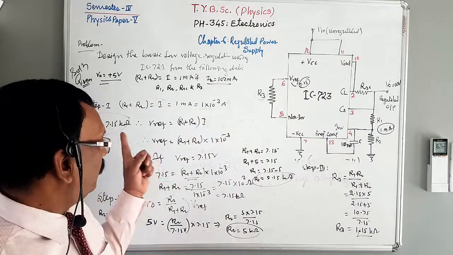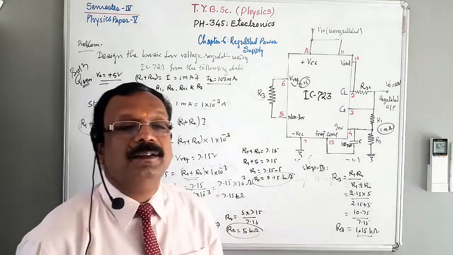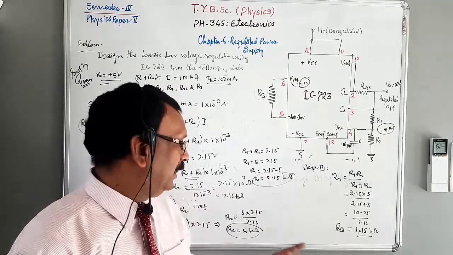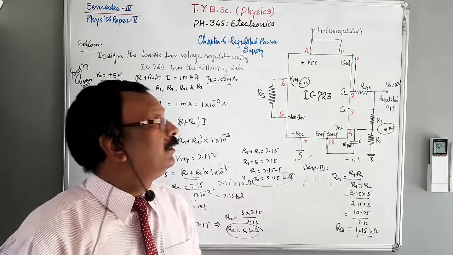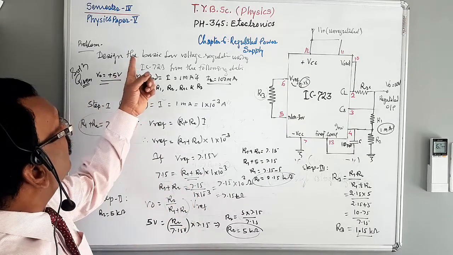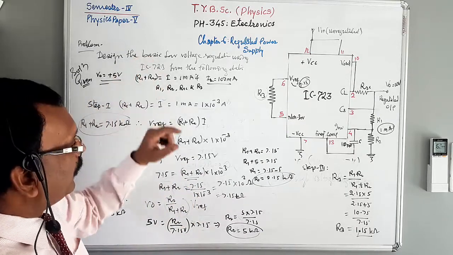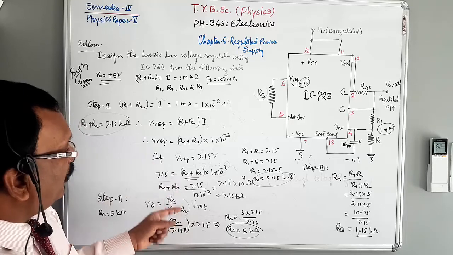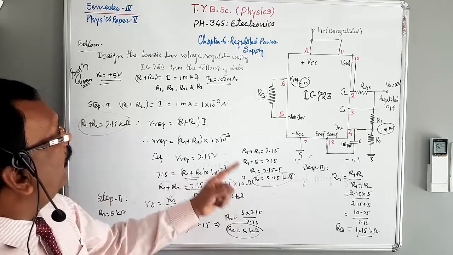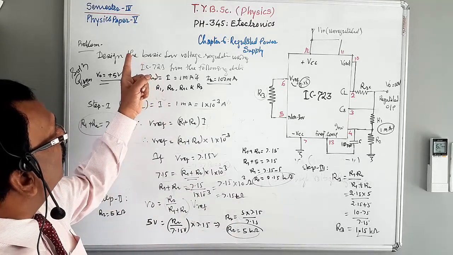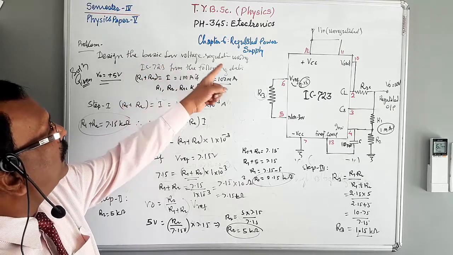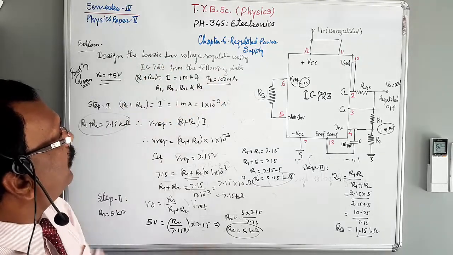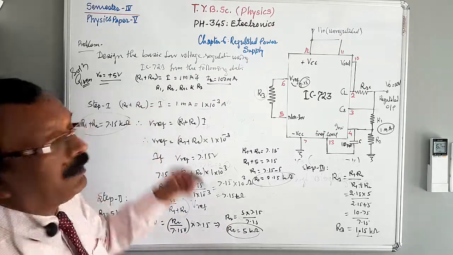Okay, you calculate the value of R1, R2, R3, or you design the values of R1, R2 and R3 in order to develop or design the basic low voltage regulator using IC723 from this data.